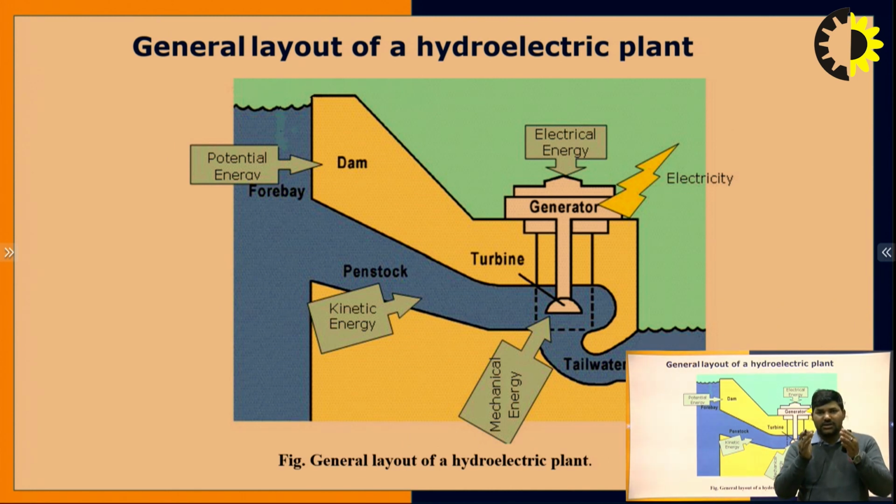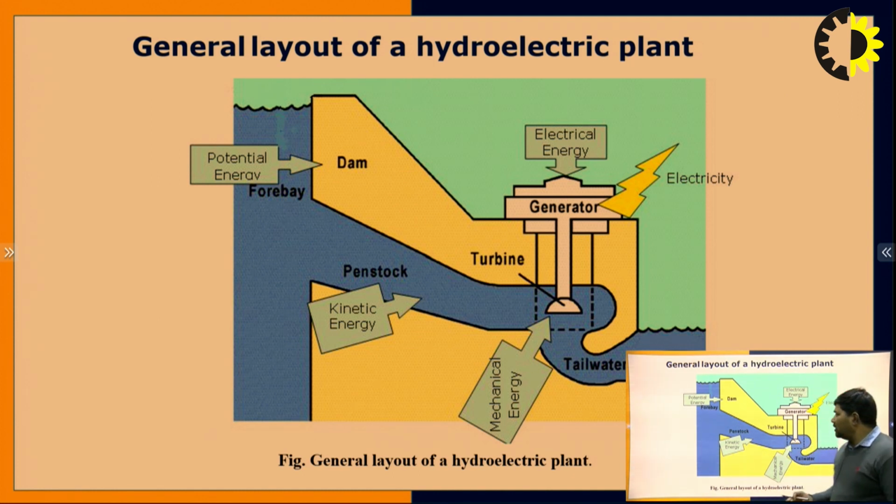Basically, this is the energy conversion, that is, potential energy is converted to kinetic energy. In some turbines, all the potential energy is converted to kinetic energy, as in the case of the Pelton turbine. In others, both potential and kinetic energy are available, which is the reaction turbine.